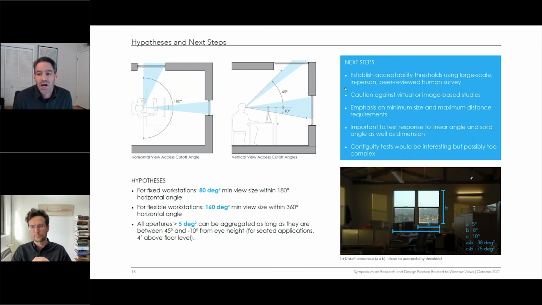And we'd really caution against virtual or image-based studies, because we've really found that the things that are in person have a huge impact, with particularly an emphasis on minimum size and maximum distance requirements. We can get to some of the more intricacies of this perhaps in the questions, but I think this is a good place to leave this.